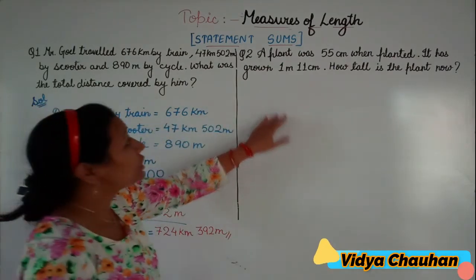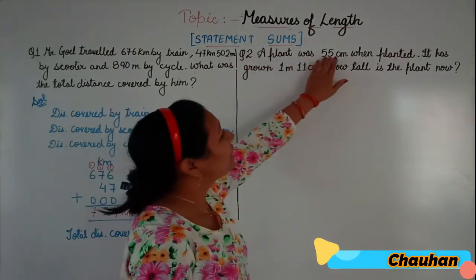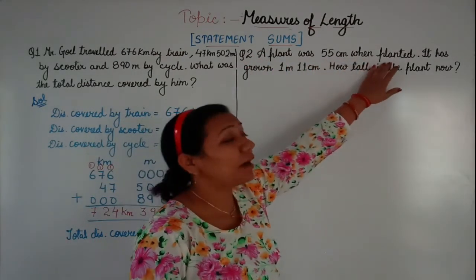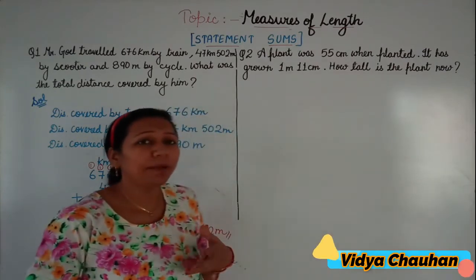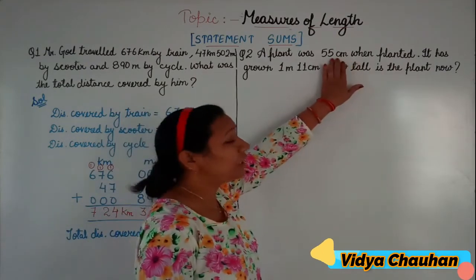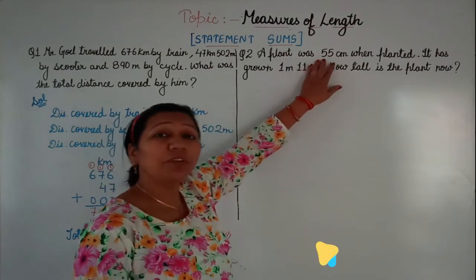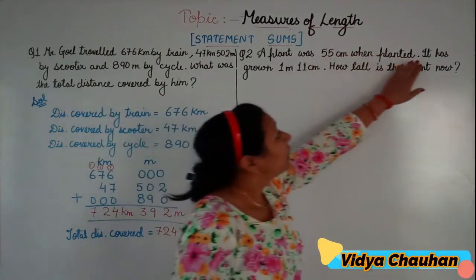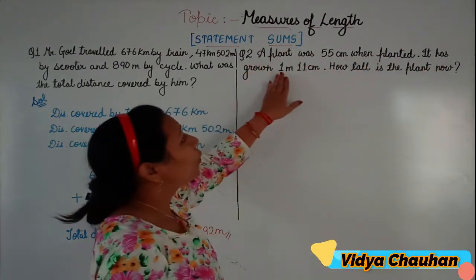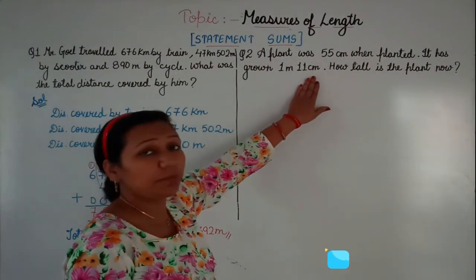Coming to the second question, a plant was 55 centimeter when planted. So we have planted a plant and the length of the plant when it was being planted, that means it was a small sapling, it was only 55 centimeters. It has grown 1 meter and 11 centimeter.